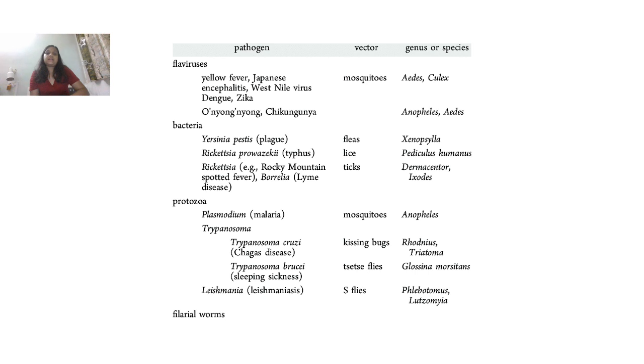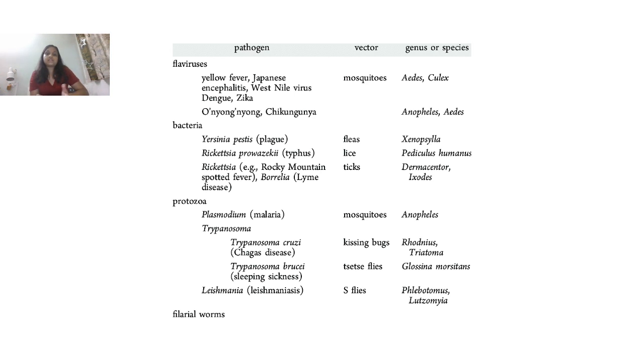In the case of bacteria, there can be Yersinia pestis, plague; Rickettsia prowazekii, typhus; Rickettsia, for example Rocky Mountain spotted fever; Borrelia, Lyme disease. The vectors in these cases are fleas, lice, ticks, etc. And the genus or species are Xenopsylla, Pediculus humanus, Dermacentor. These are the different genera and species of all these insects.